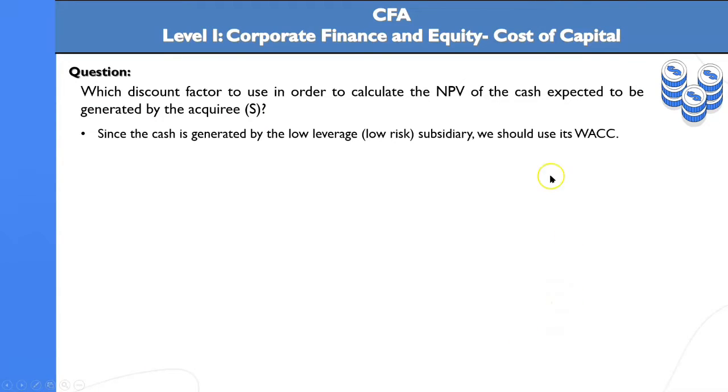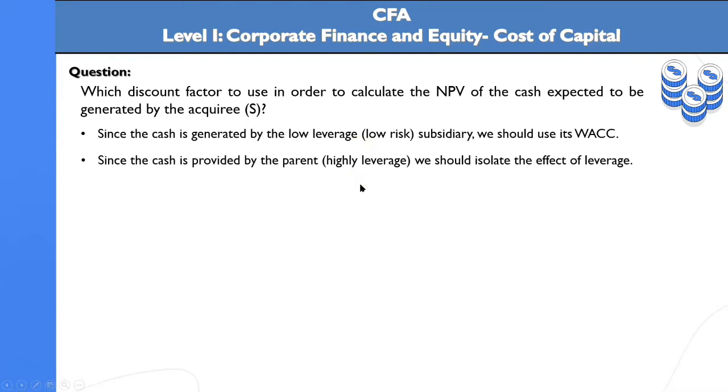As I just mentioned, the cash generated will come from the subsidiary. For 5 years, 10 years, we estimate the expected cash flow in the future. It will be generated by a company that has a very low leverage, 10%, that is the subsidiary. But the fund is provided by a very high leverage parent company.